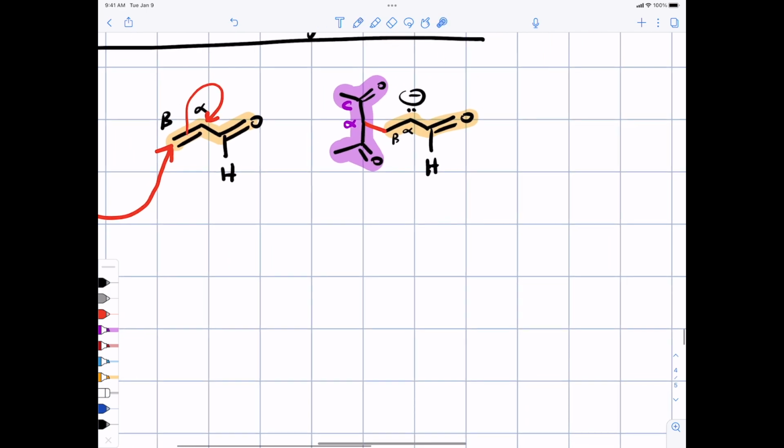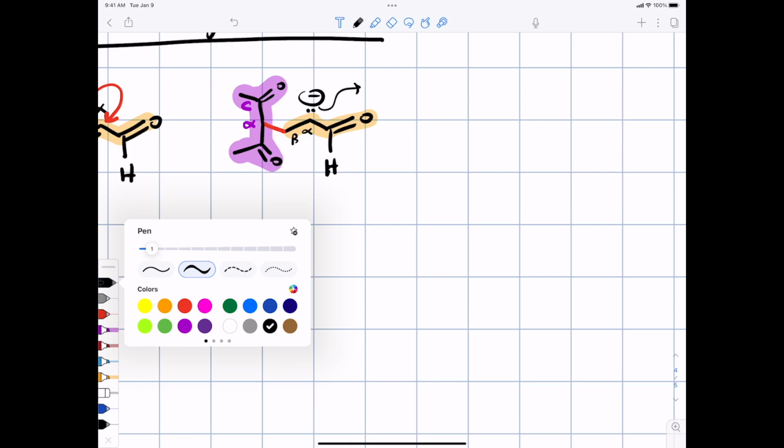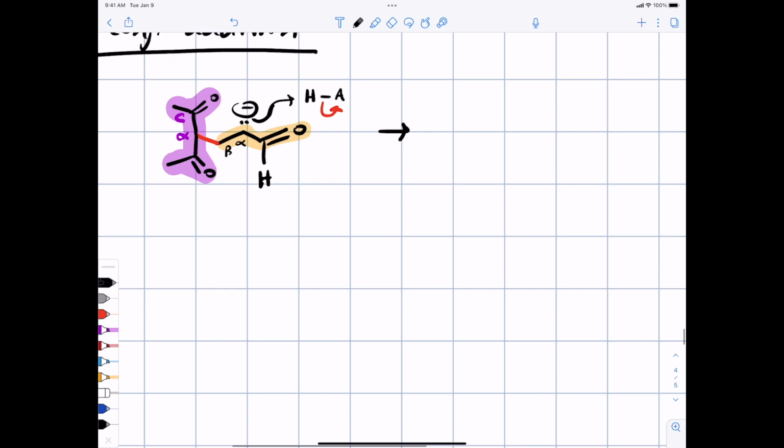We're making a bond between the beta carbon of the electrophile and the alpha carbon of the nucleophile. In a subsequent step, we're going to pick up a proton from the conjugate acid of our base that we made the enolate with. And our product is going to be this.